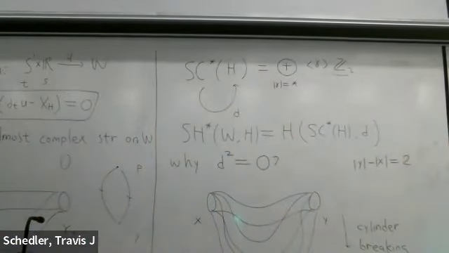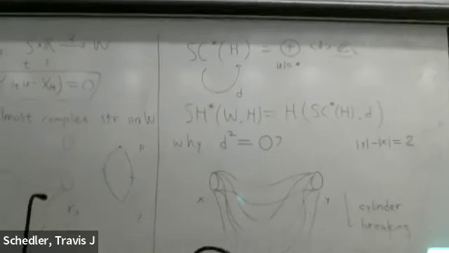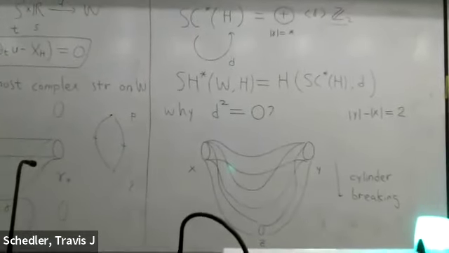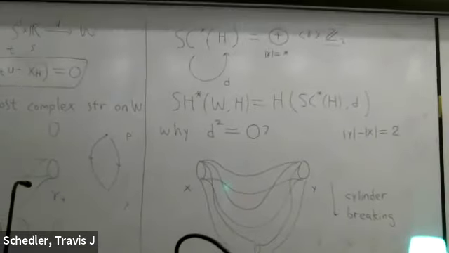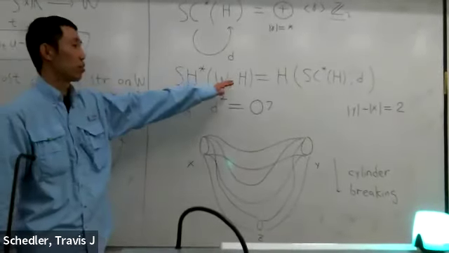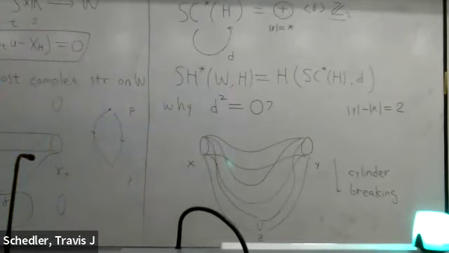The general theory works over Z, but the extra step is to check all the orientations of moduli spaces, and they appear in a compatible way, so all the signs work. That's why d squared equals 0, and this is actually a chain complex. We can take the homology of this chain complex, and we call it symplectic homology.